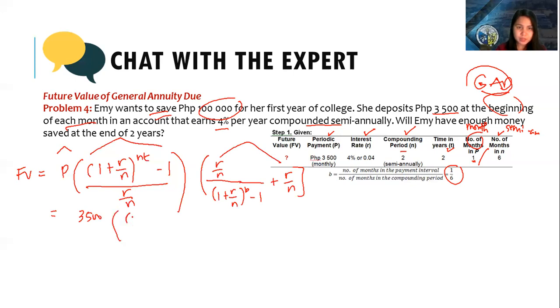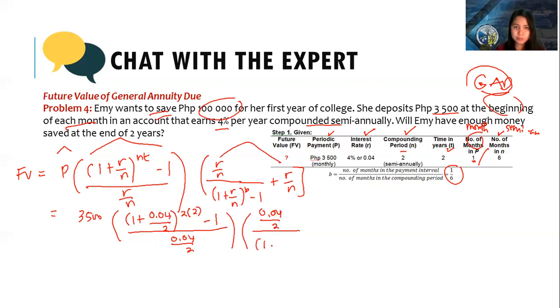8,500 times (1 plus r over n) to the power of nt, 2 times t, minus 1, over r over n, times r over n over (1 plus r over n) to the power of b, 1/6, plus r over n.